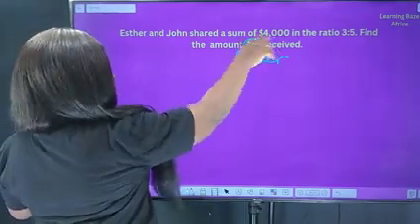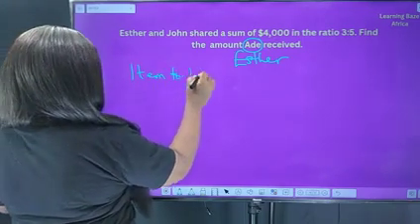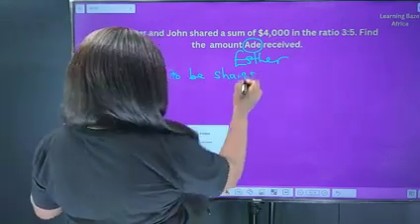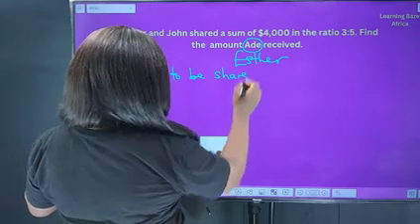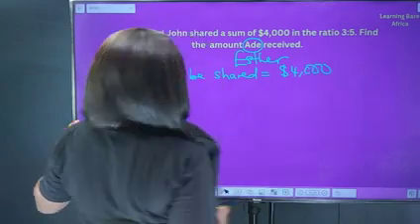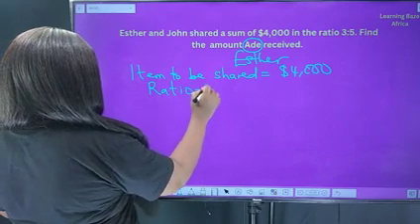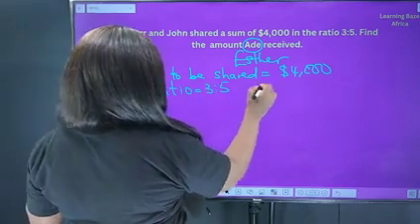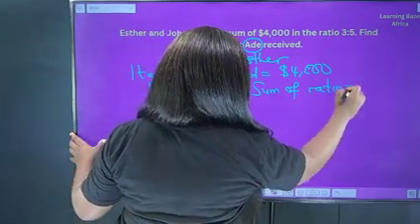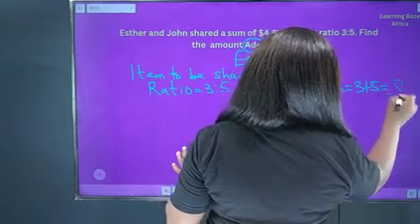Now, item to be shared is $4,000, in the ratio 3:5. Now, what we do is to find the sum of ratio. So the sum of ratio is equal to 3 plus 5, which is equal to 8.